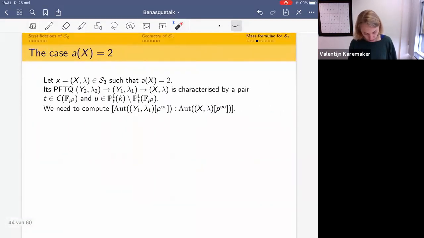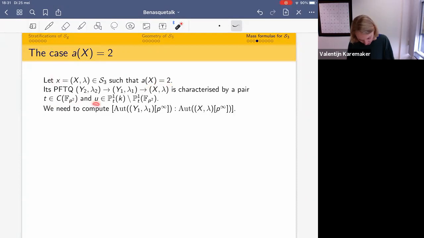So let's start with the a number 2 case. Like I said, start with an x that has a number 2. Then let's consider a flag type quotient over it. Then this is characterized by a pair t comma u, like any flag type quotient. And the t lives over Fp squared, because we said it's a number at least 2 when it lives over Fp squared.